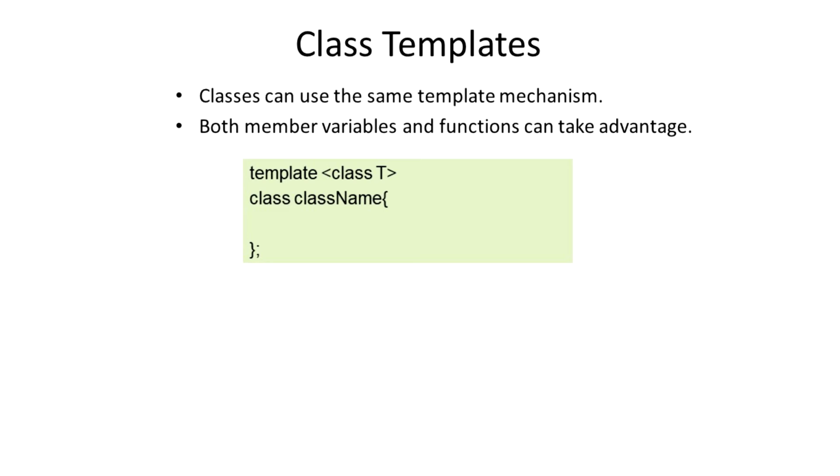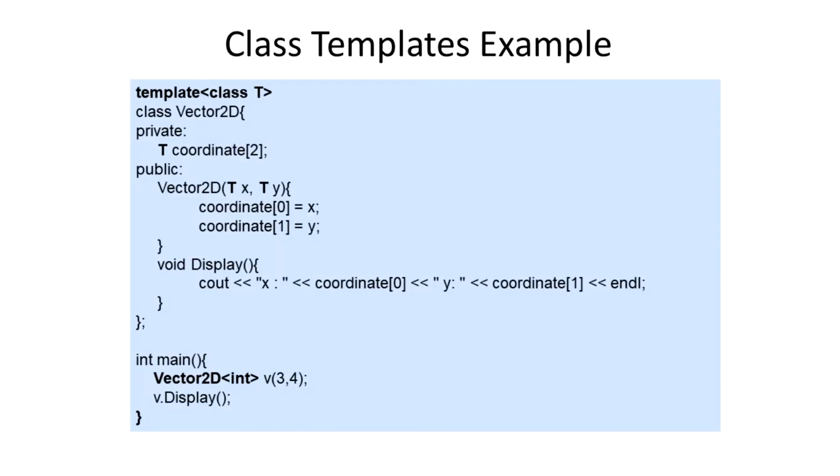So we could declare data members to be of that type, and we could declare variables and parameters within member functions to be of that type as well. So it's basically allowing class scope rather than function level scope, which we've looked at in the previous slides. And here's an example where we've declared the entire class of vector2d, which is declared at the top of this blue box here, to be a template class.